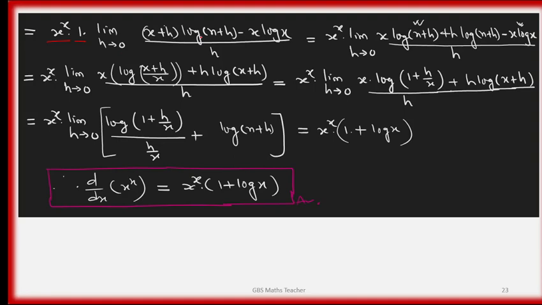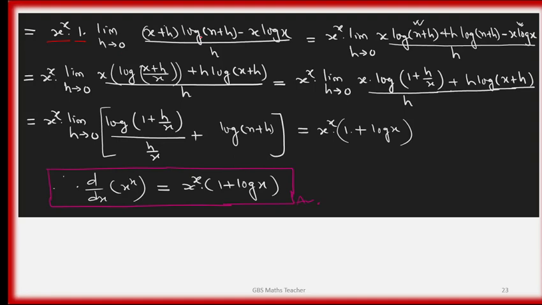Then x to the power x times the limit as h tends to 0. We change it into the formula pattern: log(1 + h/x) divided by h/x, so the first part is completed, plus h log(x+h) divided by h, which leaves log(x+h) only. Separating them, we can apply the limit.